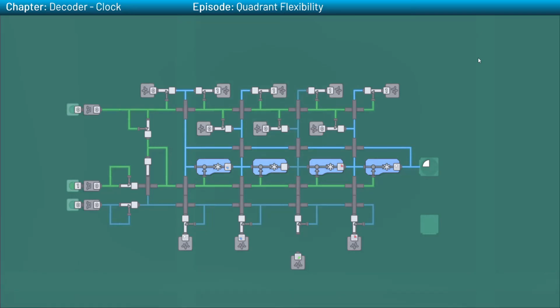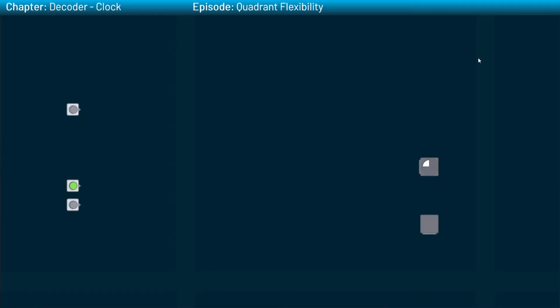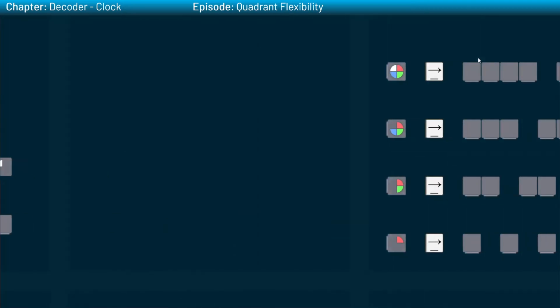So what if, instead of creating a cycler with 4 memory cells, I created one with 12?